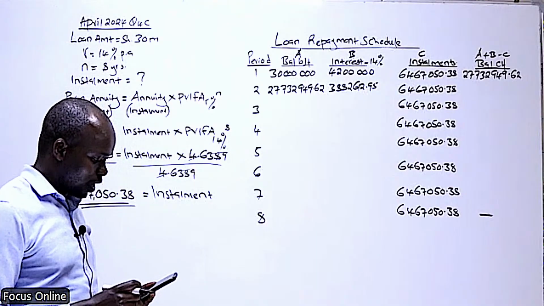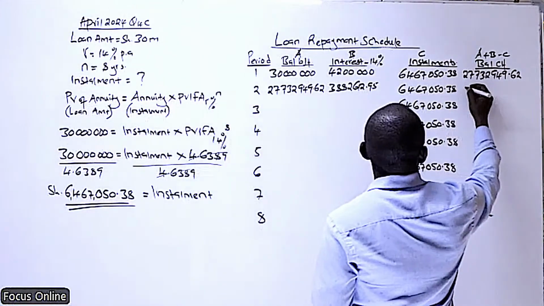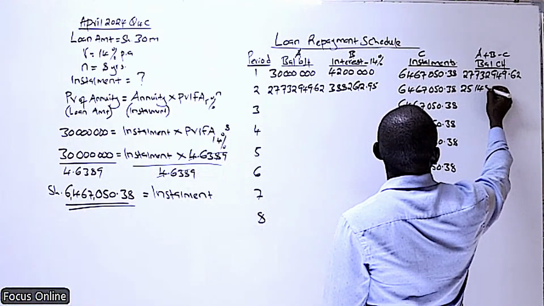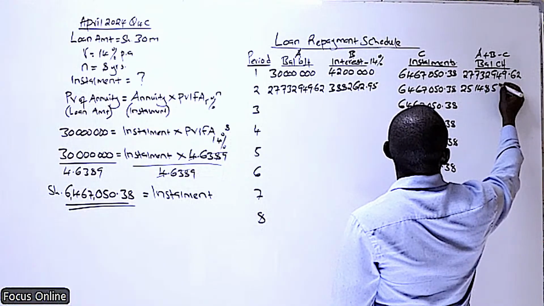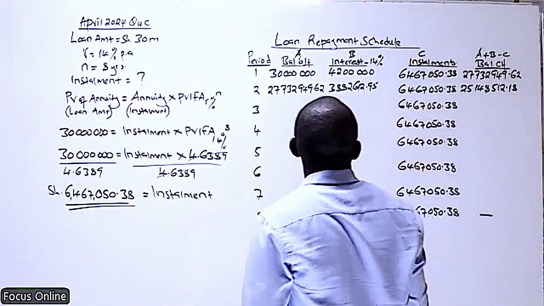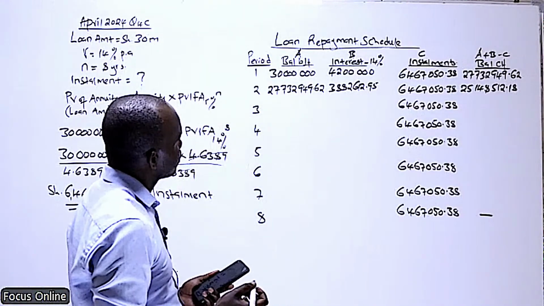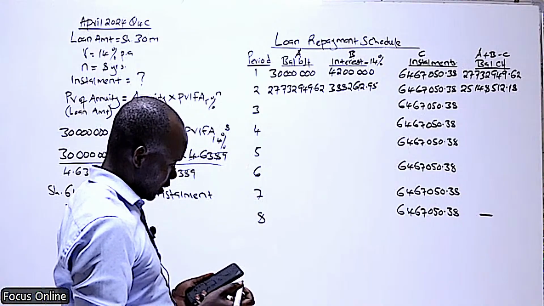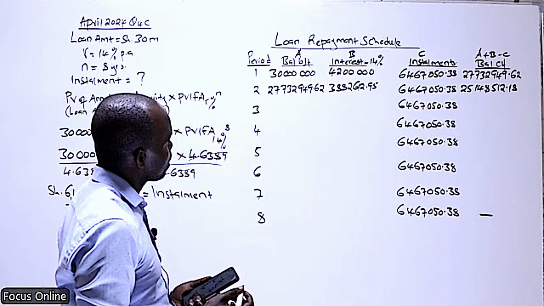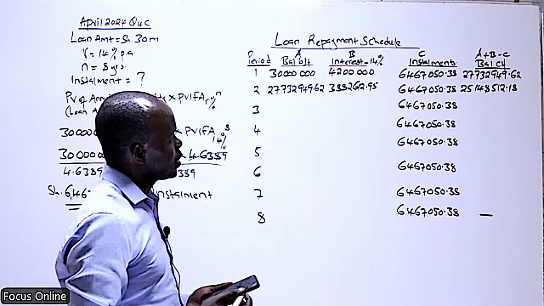I'm getting 25,148,512.18, and kindly relook at these figures. That should be 7. Eh? No, that's okay. Are you getting the same?